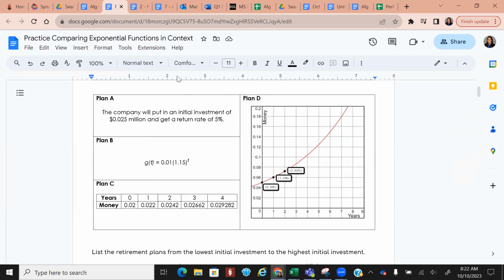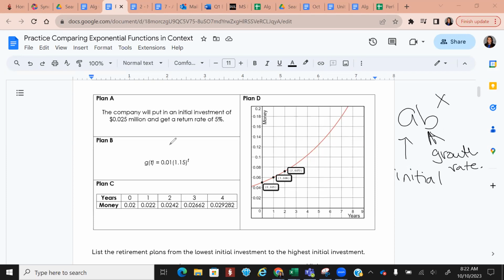on each time. So first of all, plan A, it says the company will put in an initial amount of 0.025, and is going to get a return rate of 5%. So the way we write this equation is we're going to say A is our initial and B is going to be our growth rate.